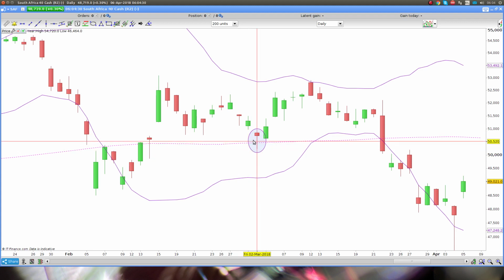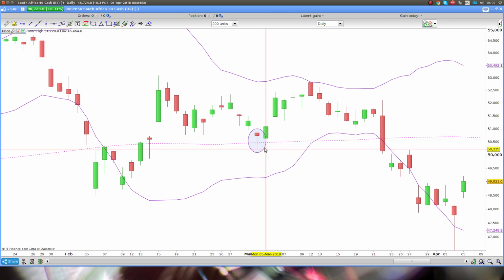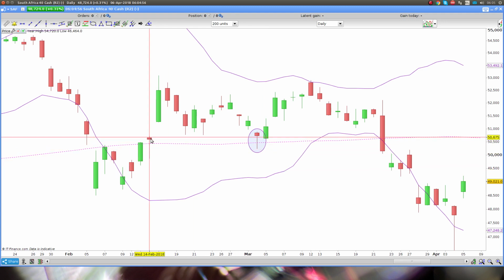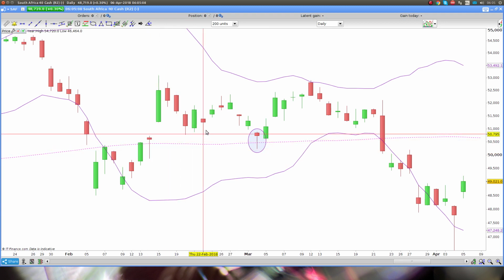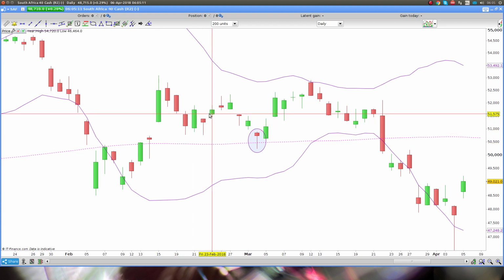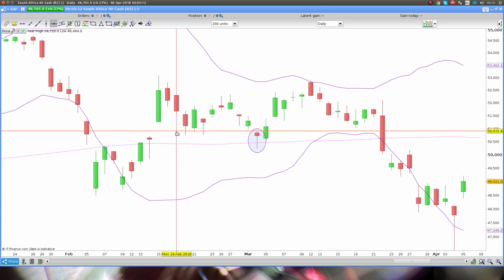What you can also do is wait for a retest of the 50% Fibonacci of this bar. That'll be in a separate video. You can see here is another pin bar, and again off a level, so it's an indication price is going up. Here is another pin bar, also off a level.